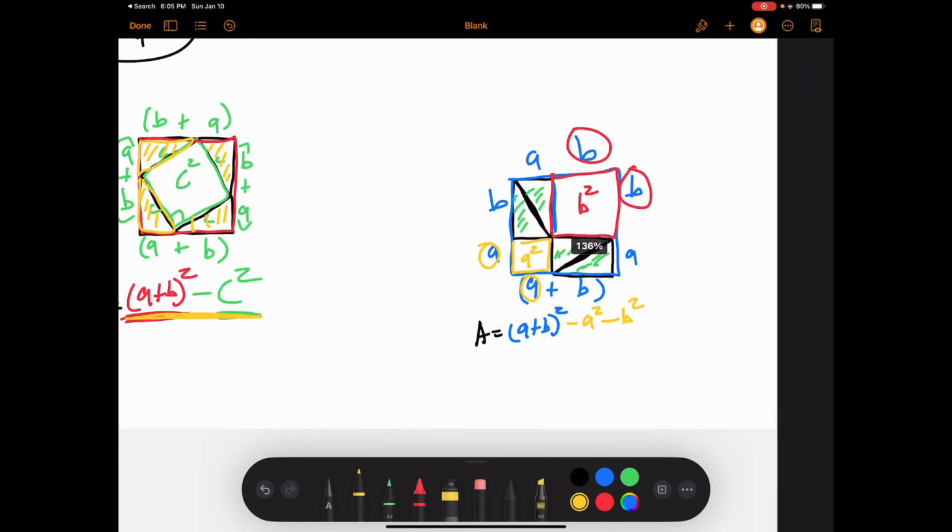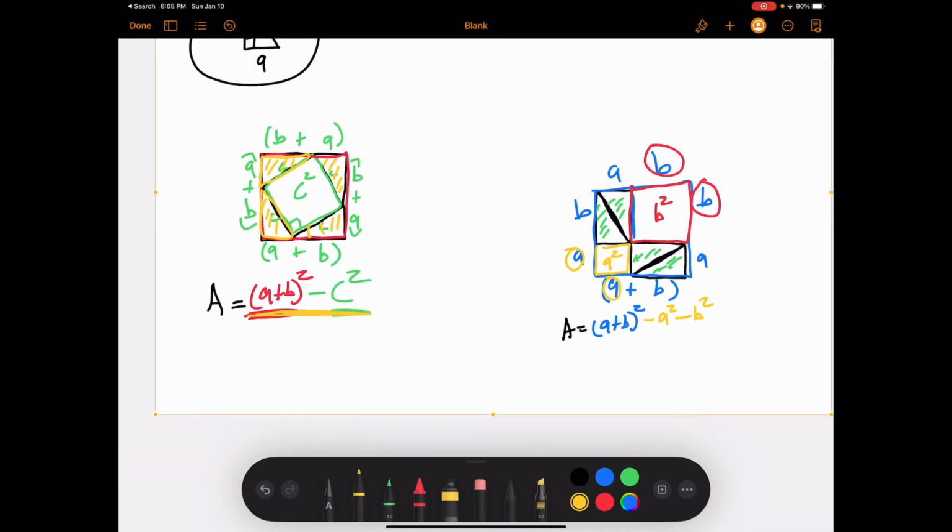But like I said before, if I zoom out, these are the same square. You can kind of see it. I have my A's and B's mixed up in some places, but these two squares are equal to each other. I'll put a big equal sign. And we have two equations for their area. So if you have two things that you know are equal to each other, I can combine our two equations.